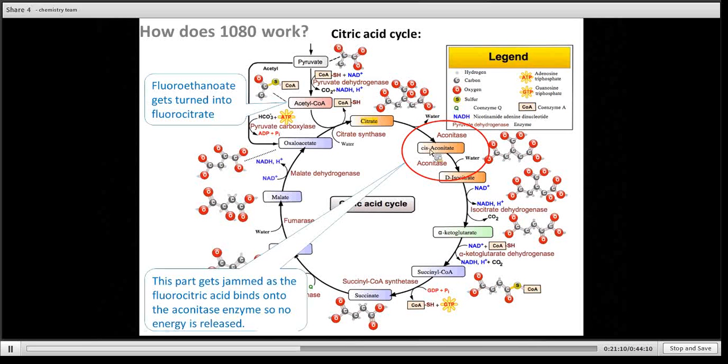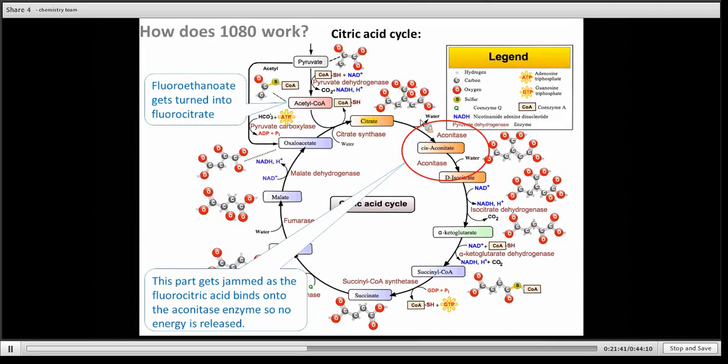And if this jams, it gets stopped here, there's two effects. First of all, we don't get the energy. So we die of not having, or the animals die of not getting the energy, so their brains don't work and so on. Also, you get a citric acid buildup. Now, when you do the 3060 series later on, then you'll notice the importance of citric acid because it's a very good ligand for calcium.